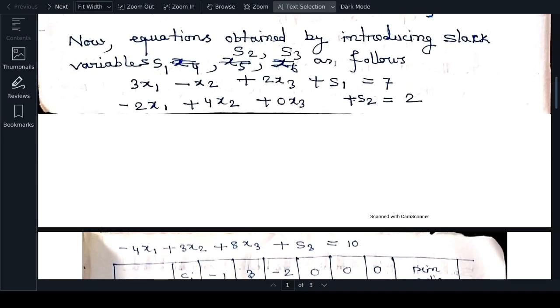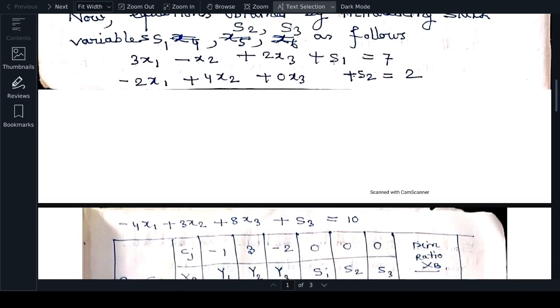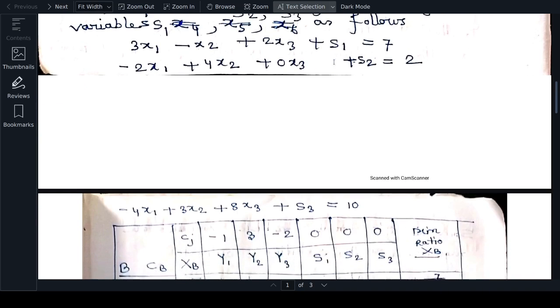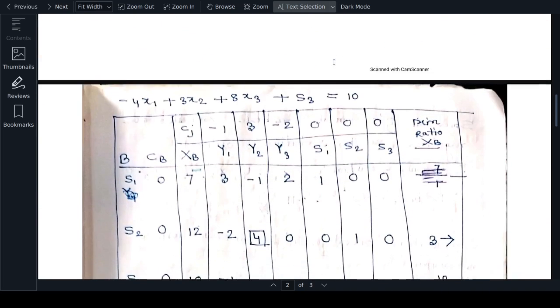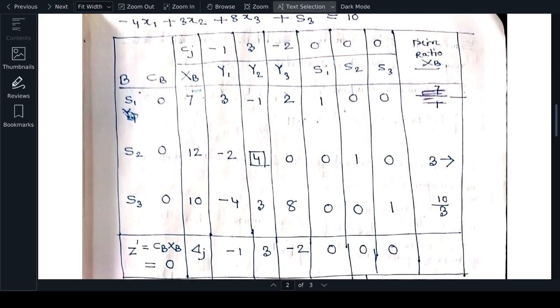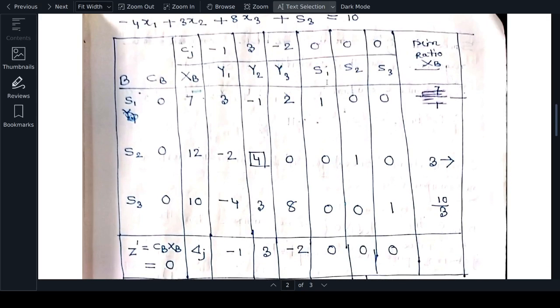Second page, first table, you see. So from here, does this give us an optimal solution? No, sir. Why? Because we have 3, which is greater than 0.